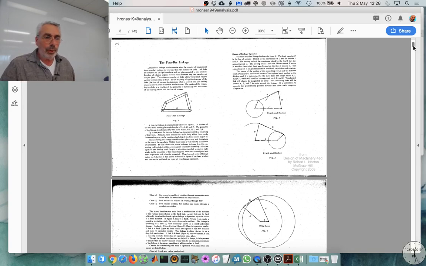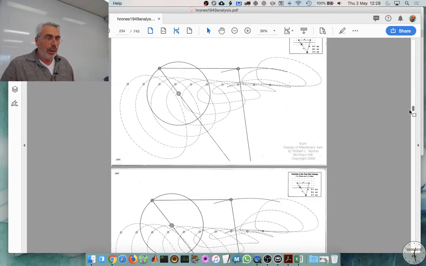So let's go to some pages. Here is a page, and here you see curves. These are what we call coupler curves. So this is one of the bars, and then we take a point on the bar somewhere. You can attach a plane to this middle bar, and then you can add a number of points on that plane. Then, as a function of this input motion, you can say how that point moves.